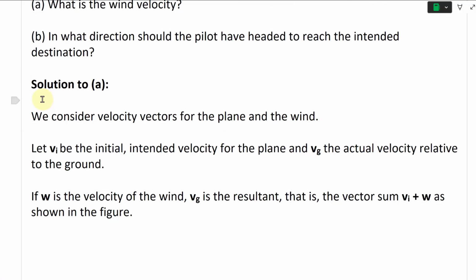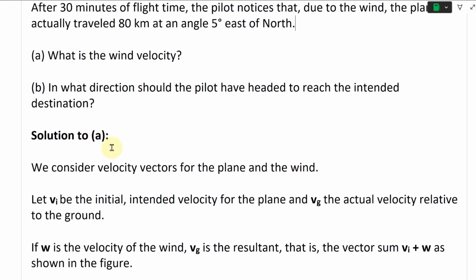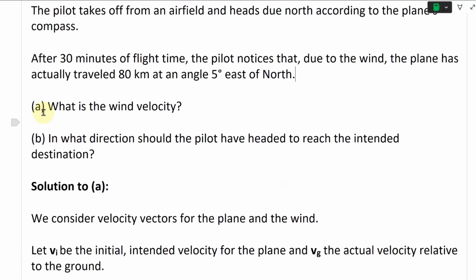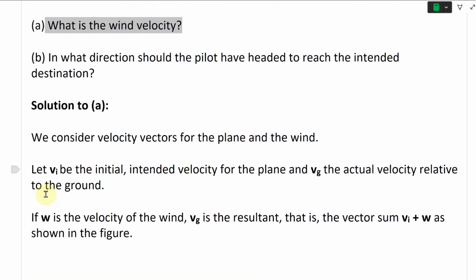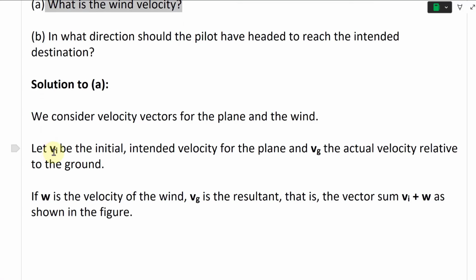Alright, so let's take a look at the first part. Solution to A: we consider velocity vectors for the plane and the wind. We want to find out what the wind velocity is. So let's write these as vectors, and let V_I vector be the initial or intended velocity for the plane, and let V_G vector be the actual velocity relative to the ground.